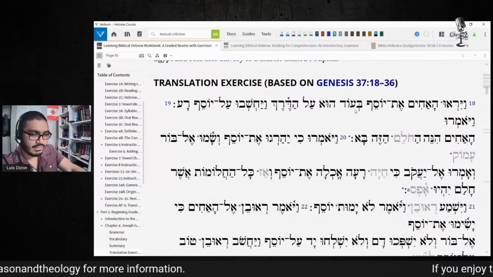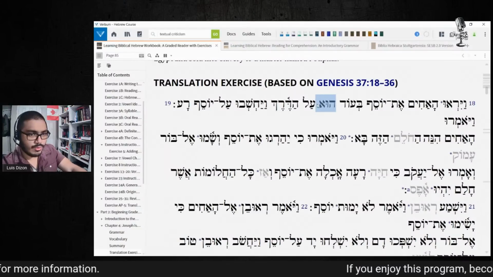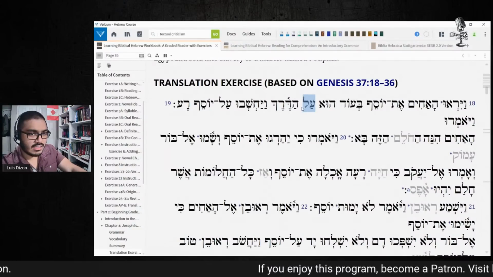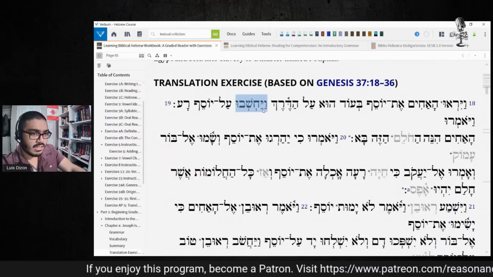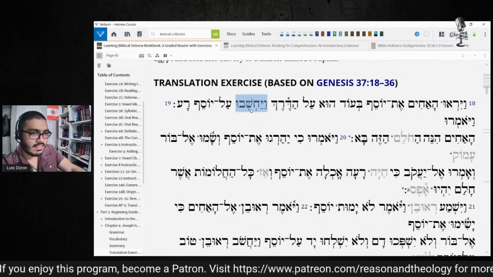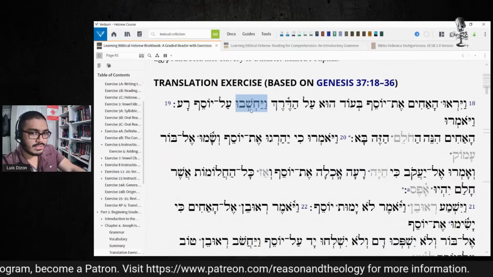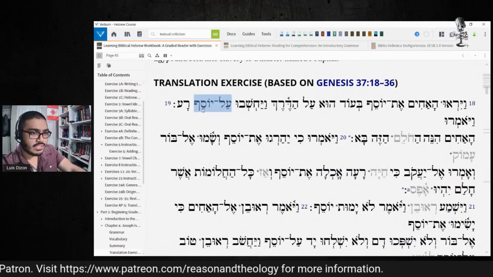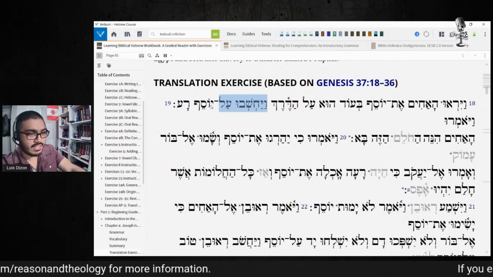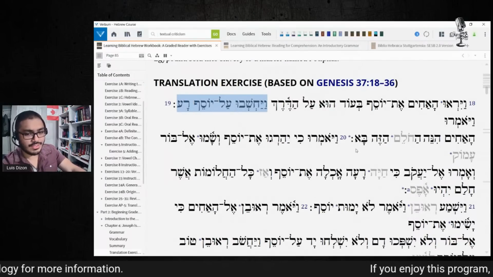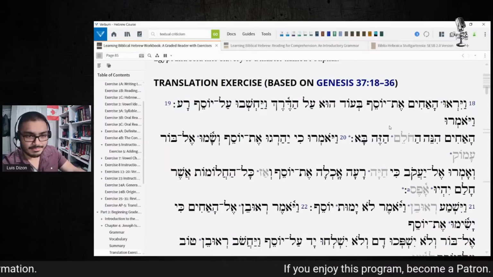Od can mean a couple of different things. Al, upon, haderech, the way, vayachshavu, and they thought, al Yosef, about Joseph, ra, evil. So they schemed something evil about Joseph, or thought something evil about Joseph.